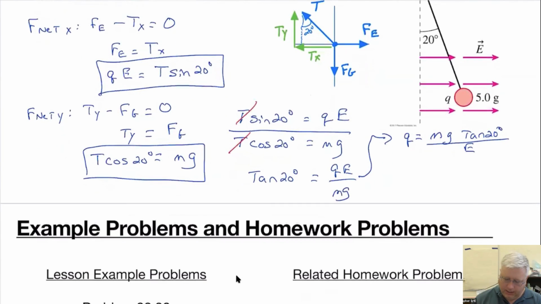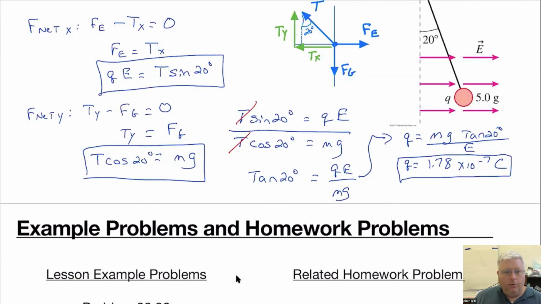We plug in and I get 1.78 times 10 to the minus 7th coulombs. So you're seeing more and more how it's really important to have this prerequisite of mechanics before doing this course.